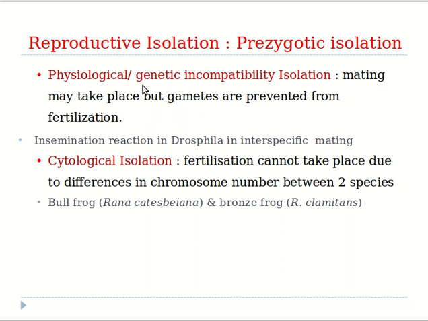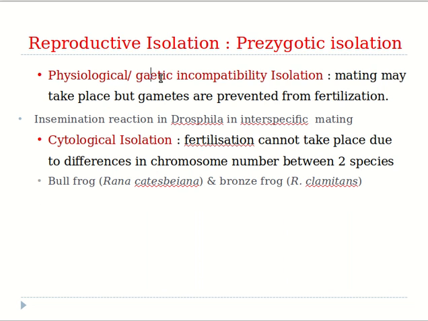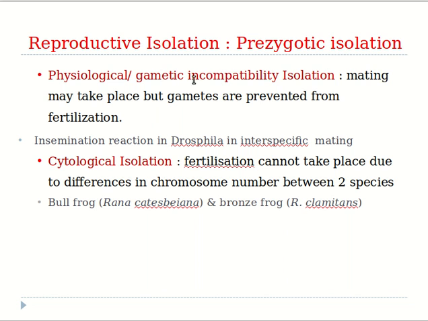It is gametic incompatibility, that is, gametes are not compatible. Because of gametic incompatibility, even after mating happens, fertilization may not take place. So this actually prevents the formation of zygotes. A typical example is from Drosophila.